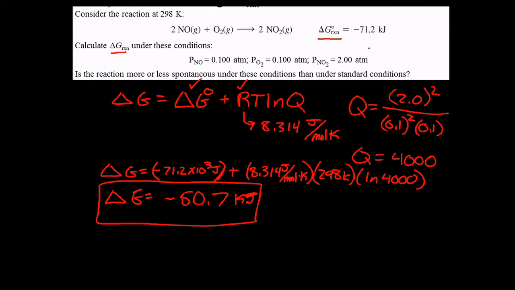So the standard Gibbs free energy is negative 71 kilojoules. This is negative 50, essentially, kilojoules. So this is less negative, so this is actually less spontaneous than the standard conditions. It's still quite spontaneous, though. Like, you're not going to have any trouble getting this reaction to happen, but it will go even faster if it was at standard conditions.